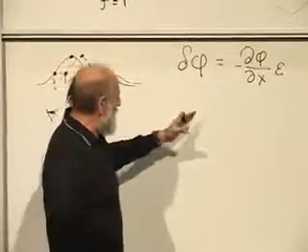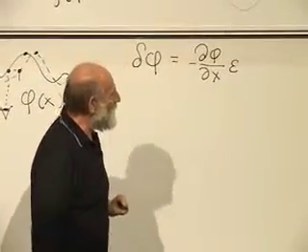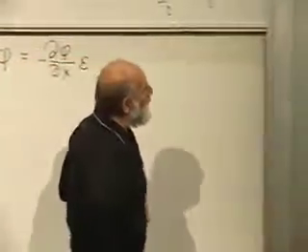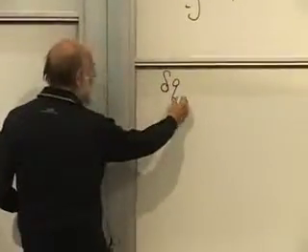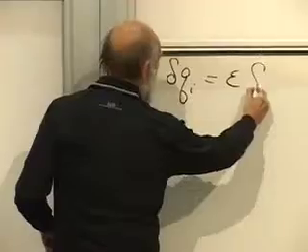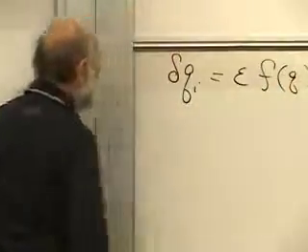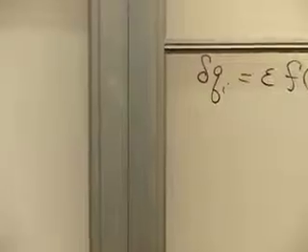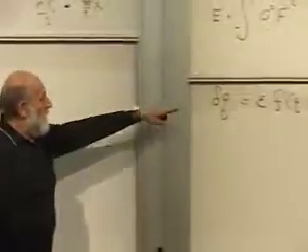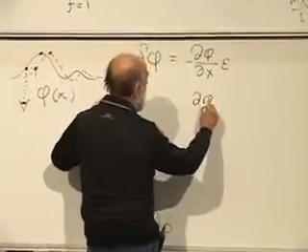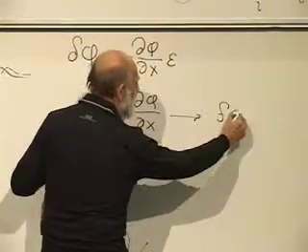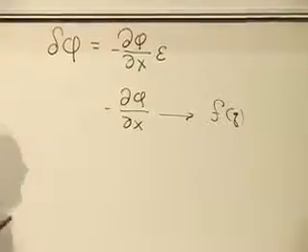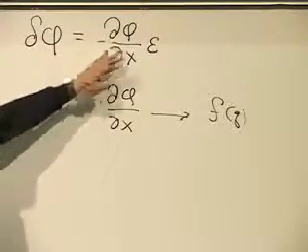At every point in space, phi changes by this amount. That's a special case of this idea that delta q, the change in q, is epsilon times a function of all the q's. In this case, epsilon is just epsilon, but f of q is the partial of phi with respect to x. That's what represents f of q, the small change in phi when I do the operation.